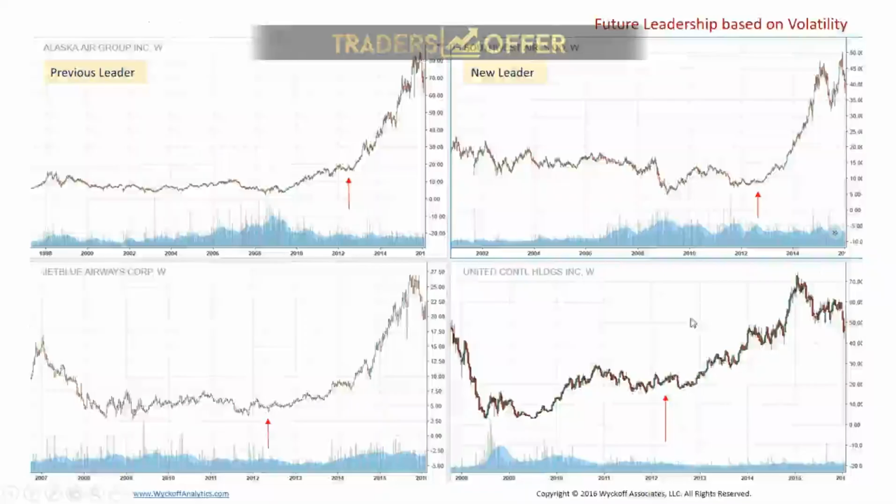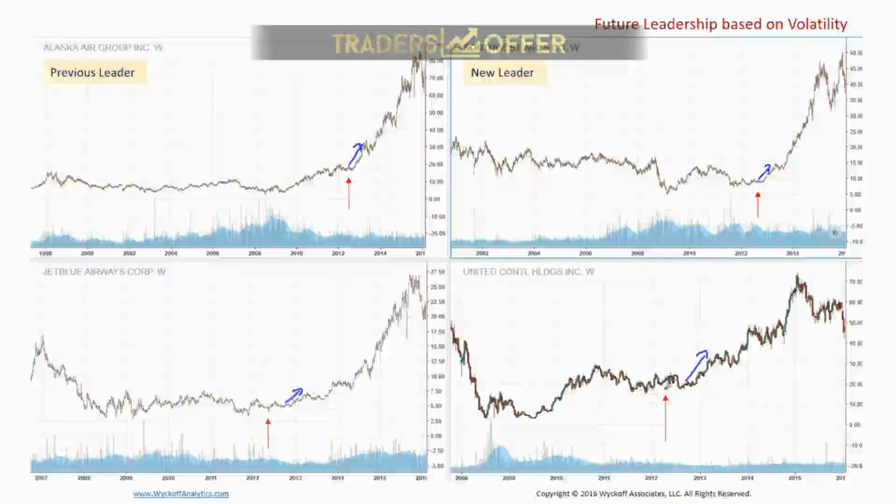talking about the result of that low volatility, look at what's happening. We are definitely having the leadership very well defined on the next swing to the upside in both Alaska and Southwest. And then the next move for United and for JetBlue is not that impressive.